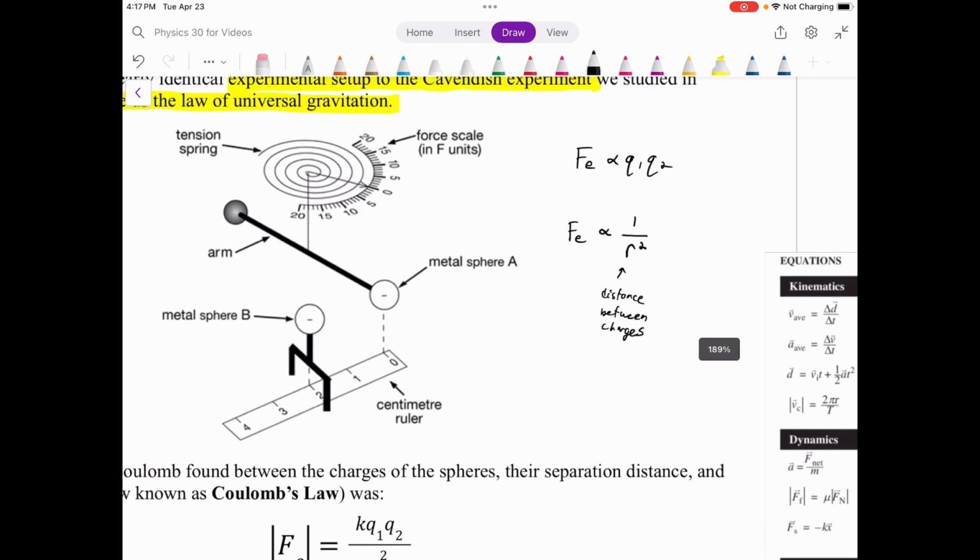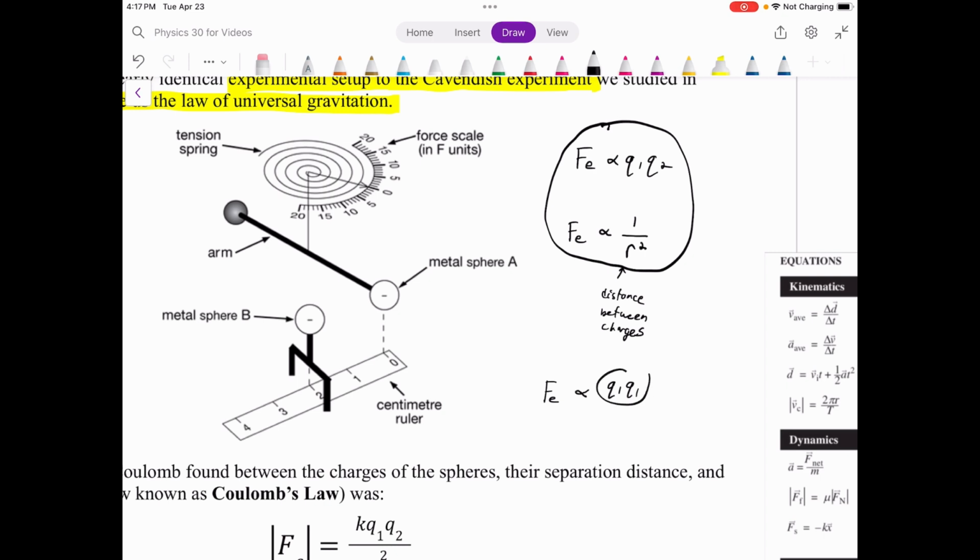Now, if you put those two relationships together, that the electric force is directly proportional to the product of the two charges involved, and inversely proportional to the square of their separation distance, you can see this coming out, right? It depends on both of those things. So if we wanted to combine both of those into a single relationship, we could say this. It's proportional to the product of the charges, right? Making these larger will make the force larger.